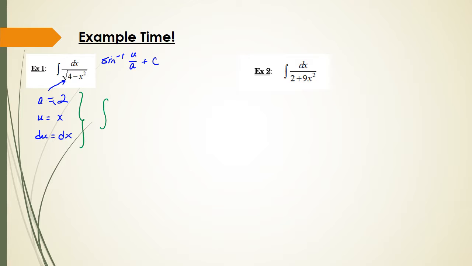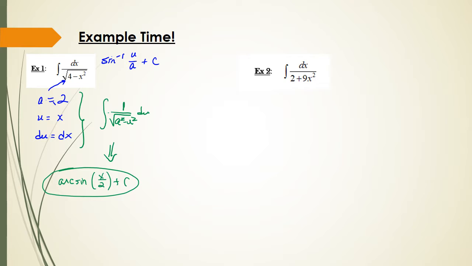The dx is being replaced by the du, and I can say that this takes the form square root of a squared minus u squared. As soon as I see that, I'm ready to transition right to my final answer: arcsine of x over 2, that's u over a, plus c.